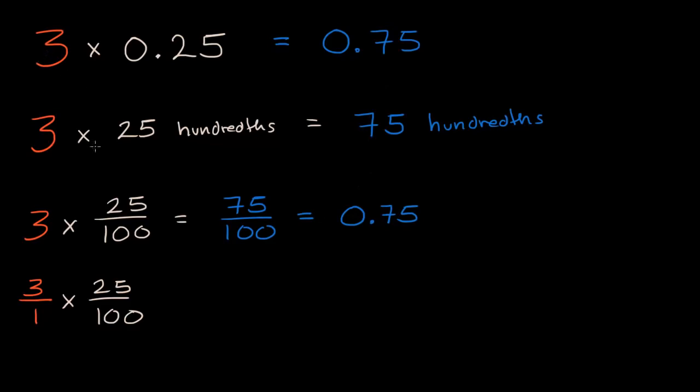Or another way to think about it is, hey, look, this 25 over 100 is the same thing as 1/4. So you could view this as 3 times 1/4. In fact, this is a decimal that it's good to recognize as the same thing as 1/4. So you could view this as 3 times 1/4, or 3/4.